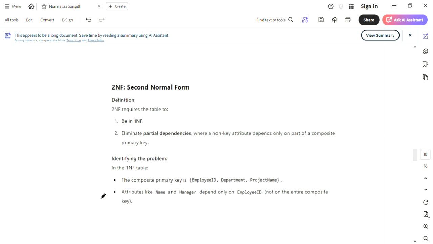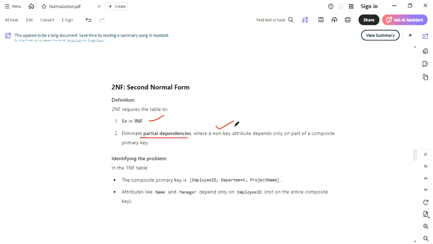Now coming to the next question, second normal form. It should be in the first normal form, that means there should not be any multi-valued dependencies, and we have to eliminate the partial dependencies. What do you mean by partial dependencies? A non-key attribute is one that is not a primary key or a foreign key.